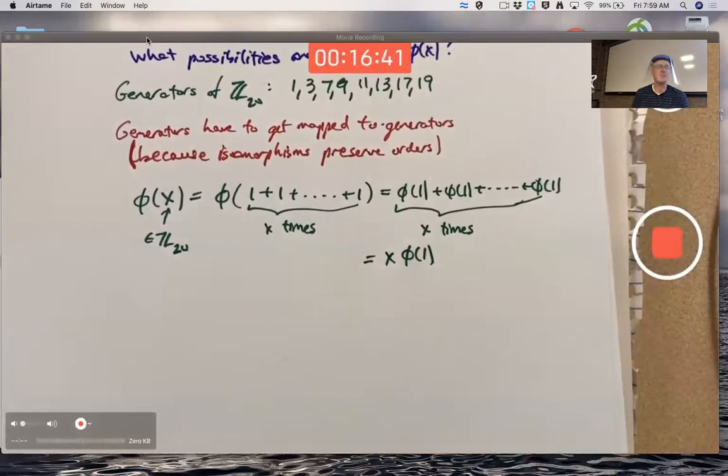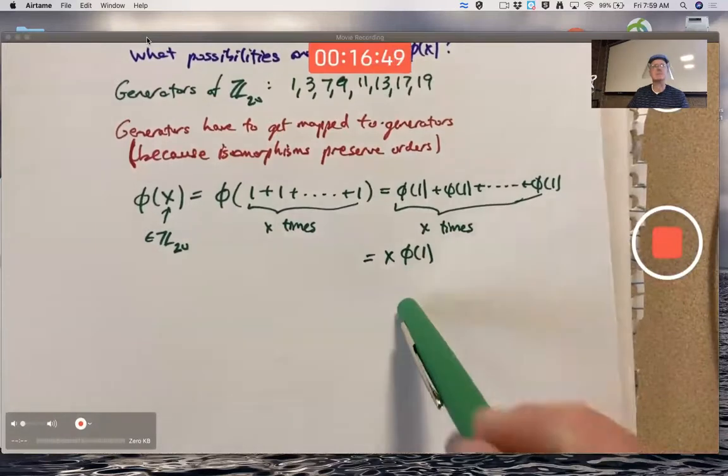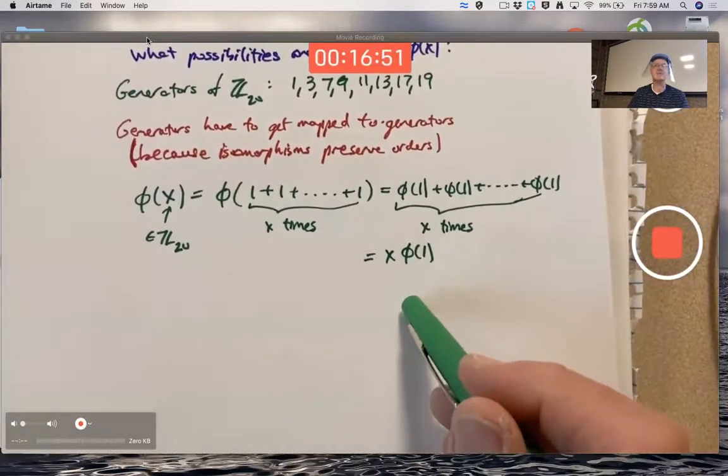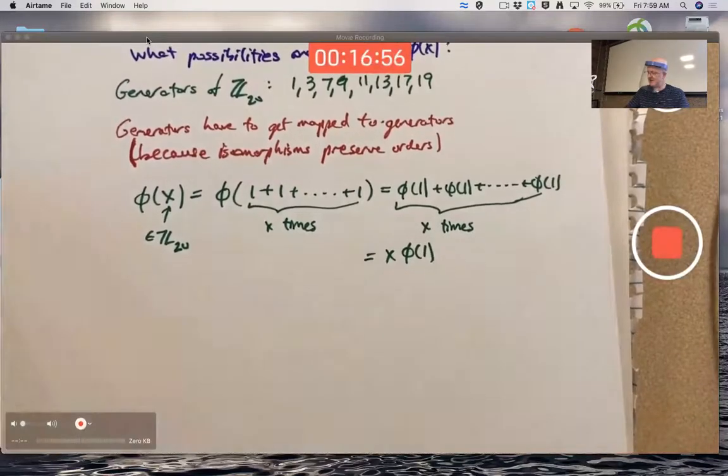Right? In multiplicative notation, we think of that as phi of 1 to the x power, but the operation is addition, so we think of it as x times phi of 1, really meaning add phi of 1 to itself x times. And take a look at this.